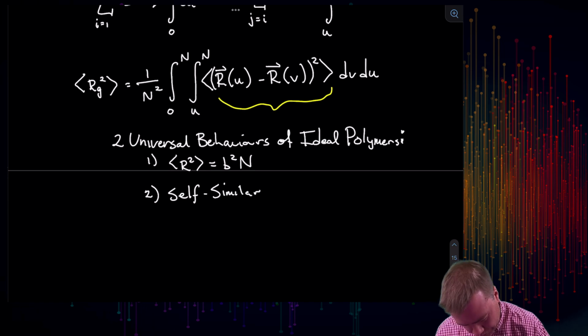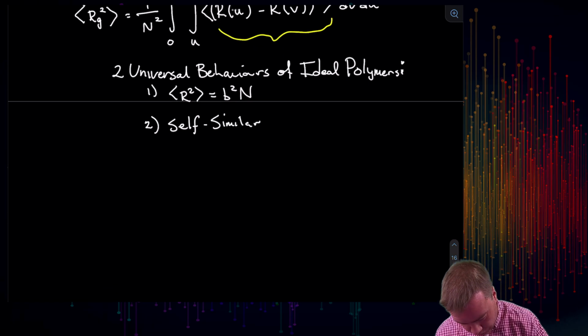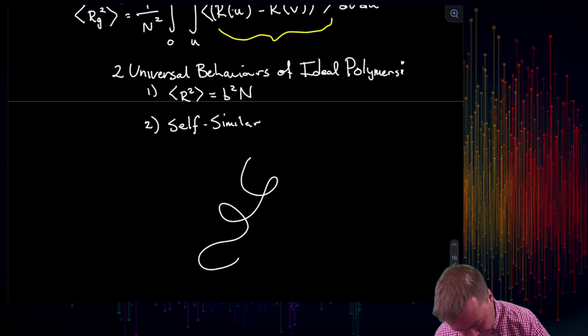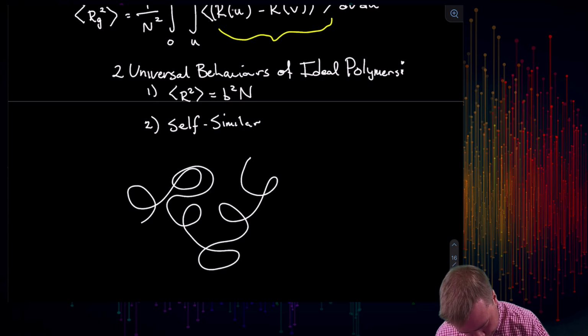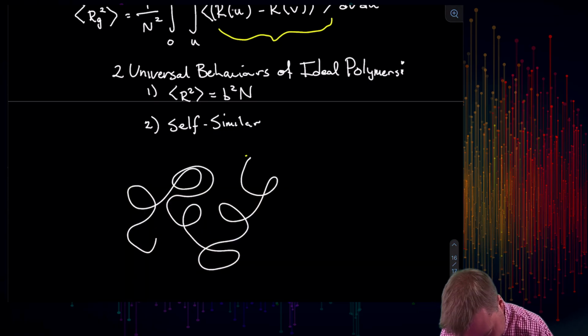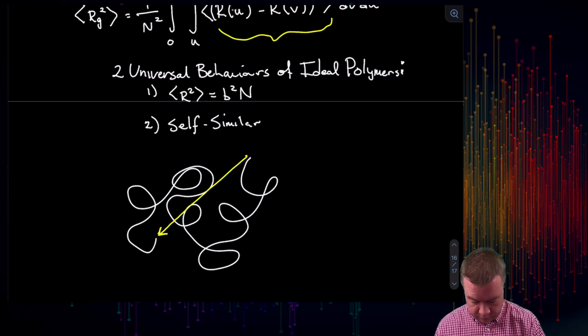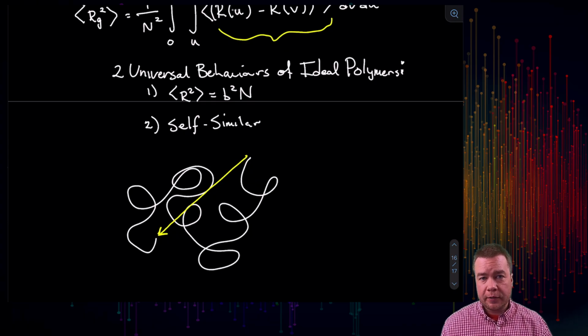We will discuss this a little bit in a second when we talk about fractal dimension. But what I mean is, if I draw a polymer chain like this and I want to calculate its end-to-end distance, then I can do this pretty easily with these ideal chain models that we've seen so far.